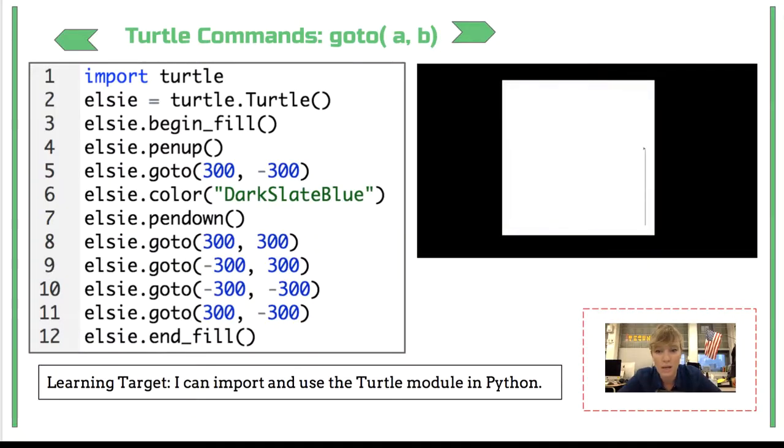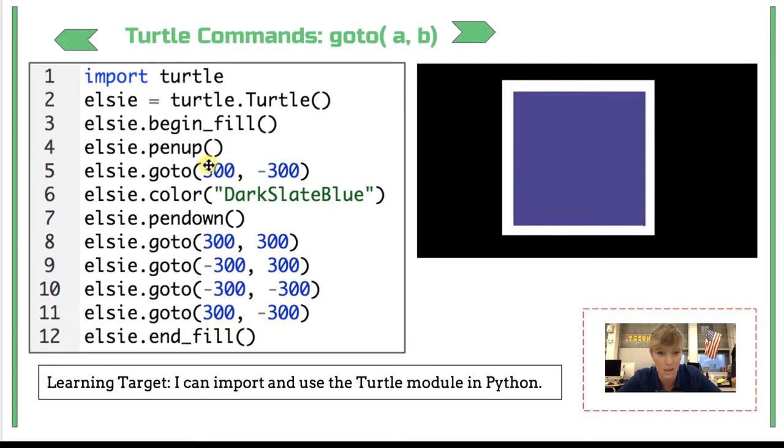Okay, coming back, I want to show you how to tell the turtle to go to a certain spot. In this little GIF on the right, I have drawn a square and filled it using the go-to method. The go-to method, unlike forward, backward, right and left, takes a pair of integers. These numbers are XY coordinates, just like we understand from math class.